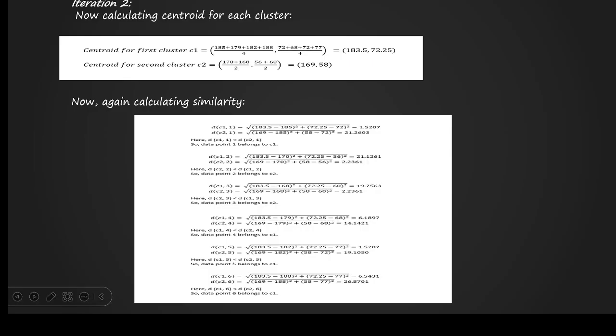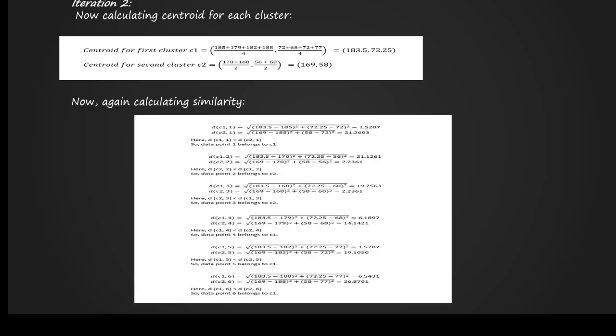The centroid for the first cluster will become (185 plus 179 plus 182 plus 188) divided by 4, and (72 plus 68 plus 72 plus 72) divided by 4, because there are 4 data points. So the new centroid will be this one, and the centroid for the second cluster will be this one. Applying this again, we will calculate the similarity.